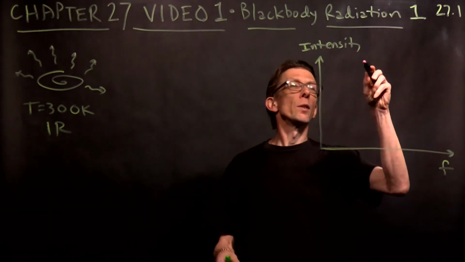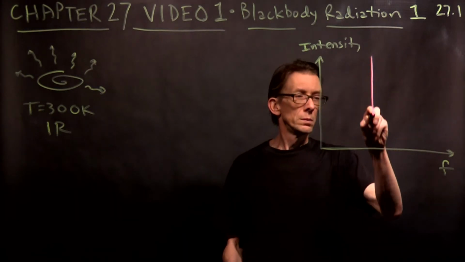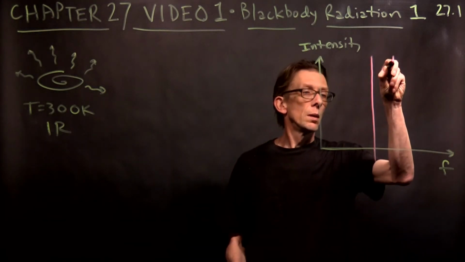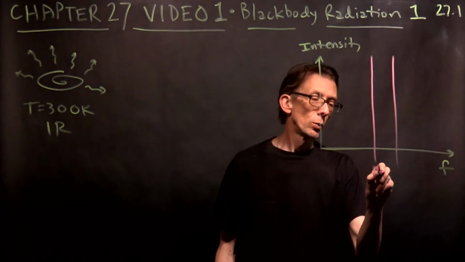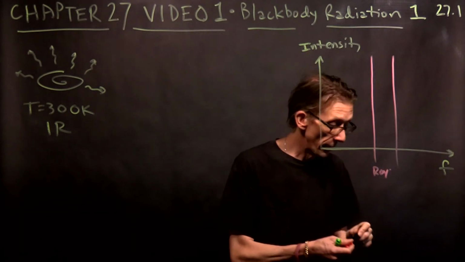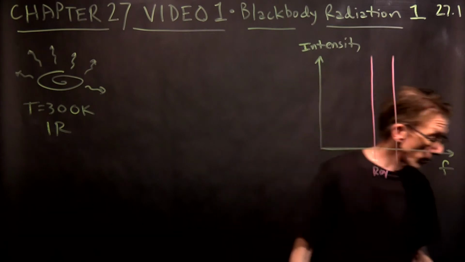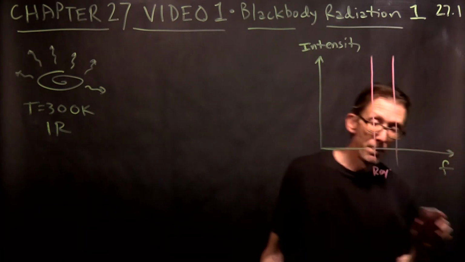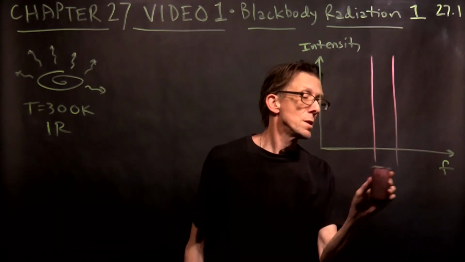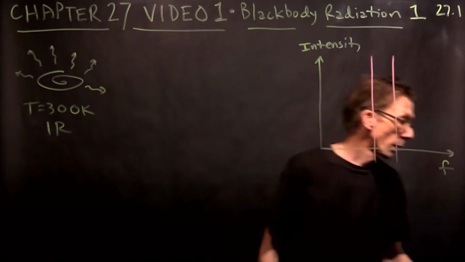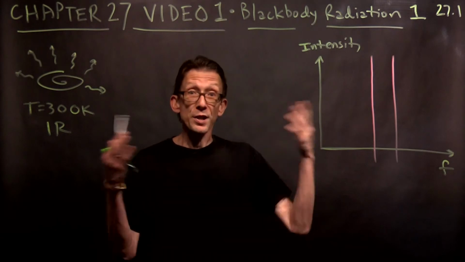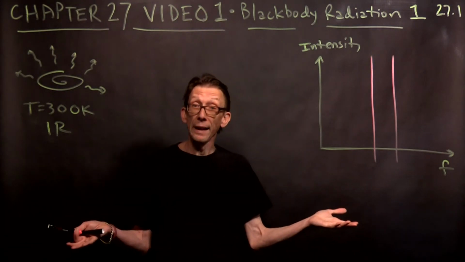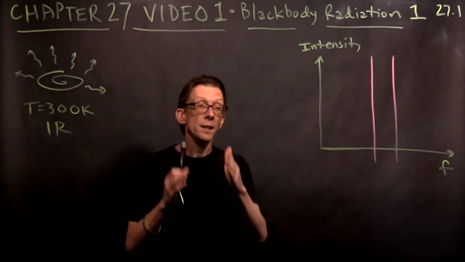Right here around the middle somewhere are the boundary lines of the light spectrum, the rainbow, right? Red is a lower frequency than purple. So in this frequency range here is all the light that we can see.